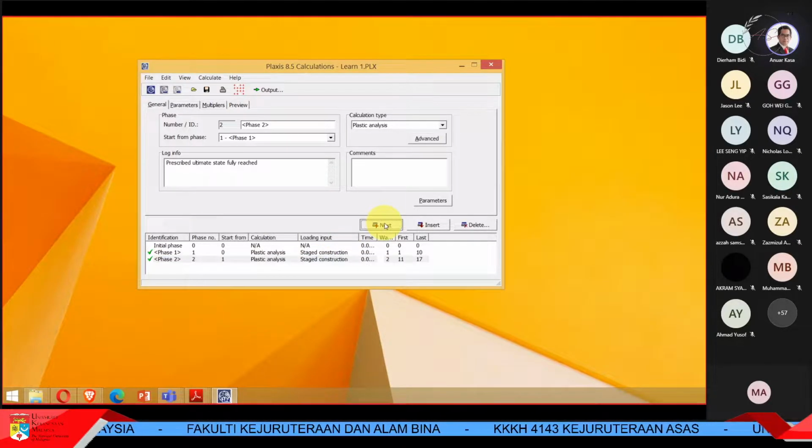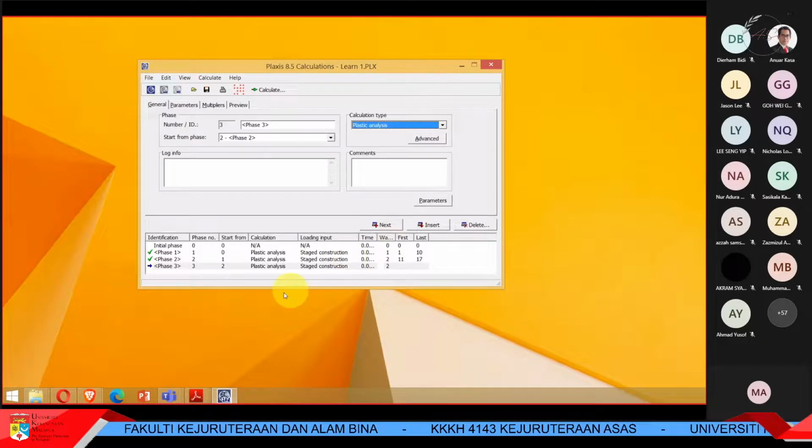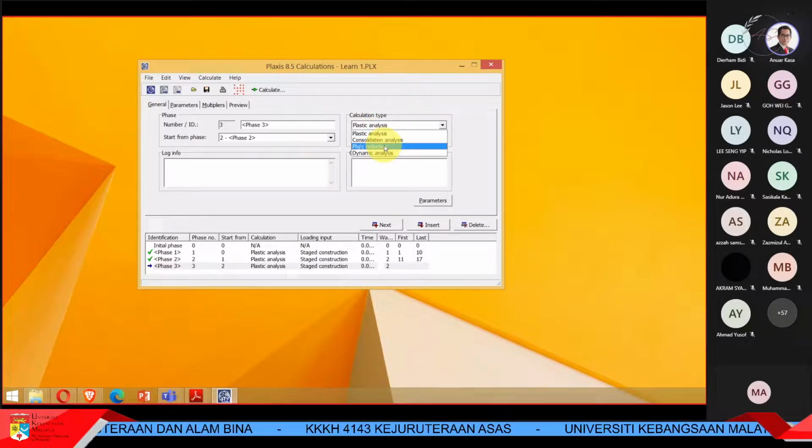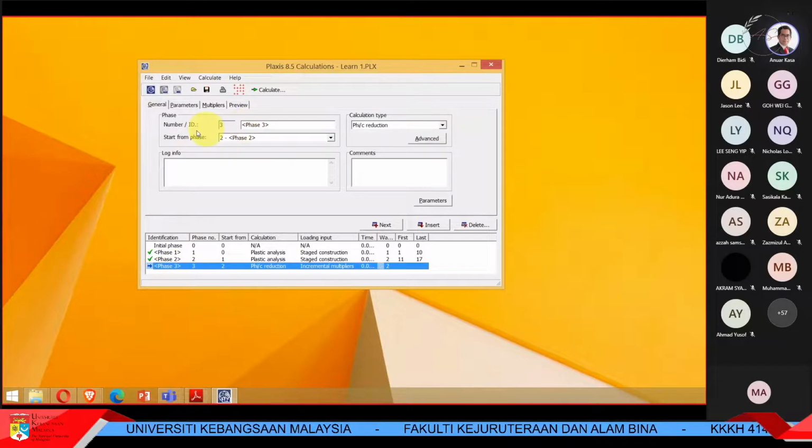Maybe we can create another one. Okay, this one, we want to know the factor of safety using the phi-c reduction method. Remember our problem, we need to find the factor of safety. So we choose the phi-c. Okay, in this case, if we look here, phase 3 starts from phase 2.